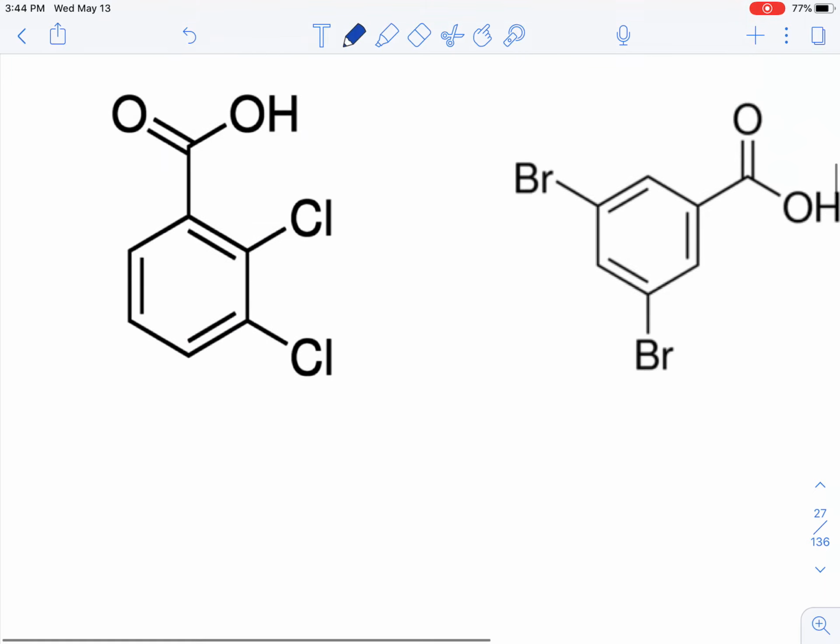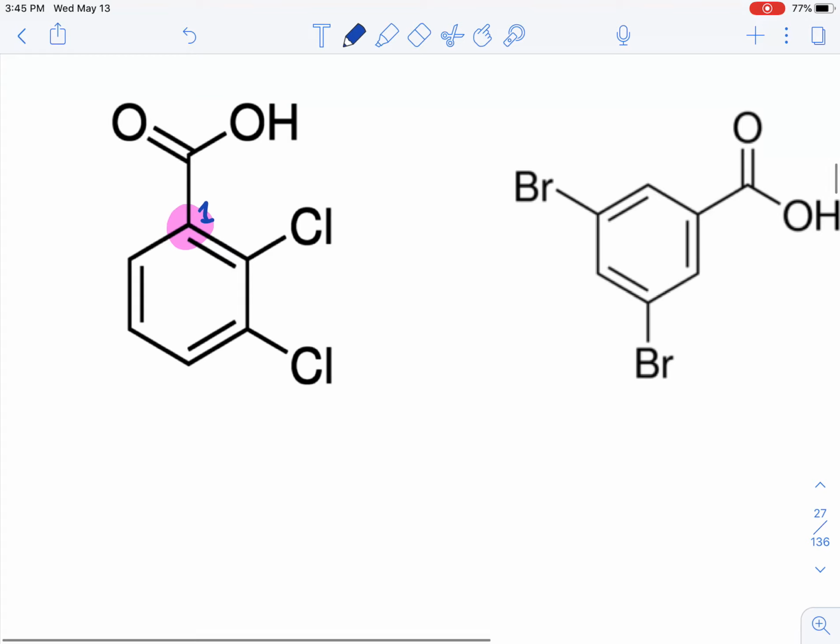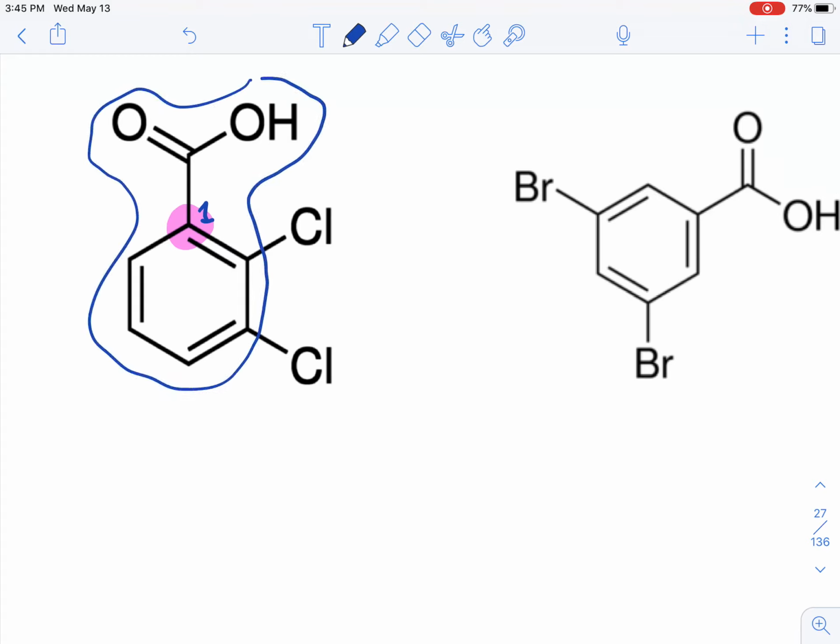such that this carbon that covalently links the carboxylic acid to the ring is going to be carbon number 1. Let me put a circle around here more permanently, and I'm going to write benzoic acid.